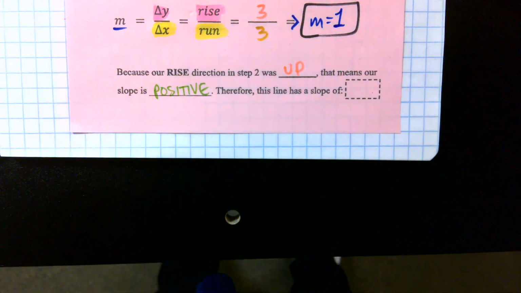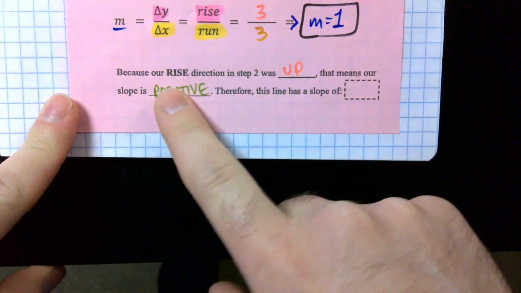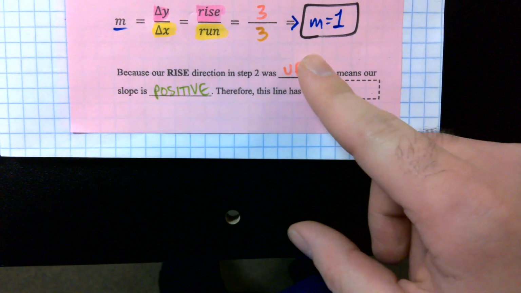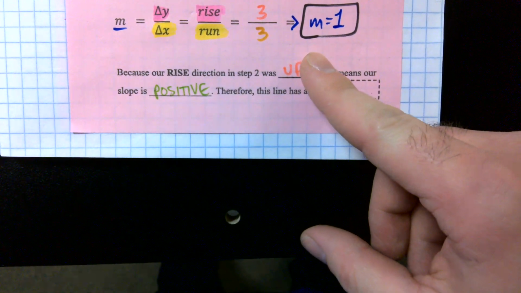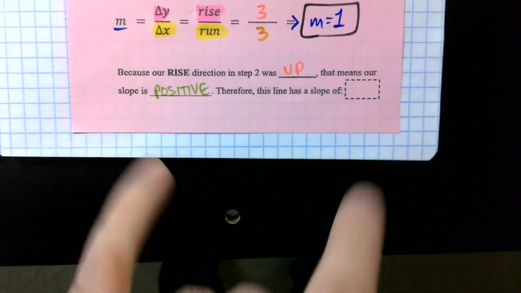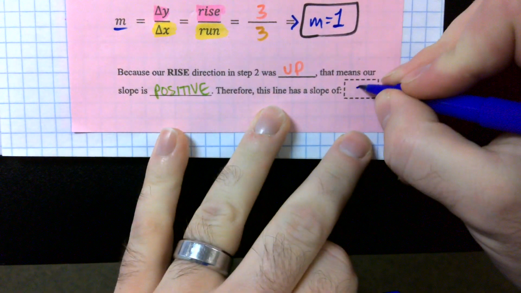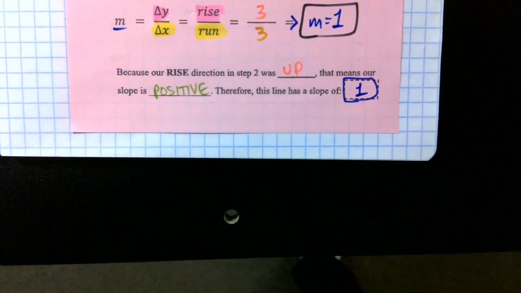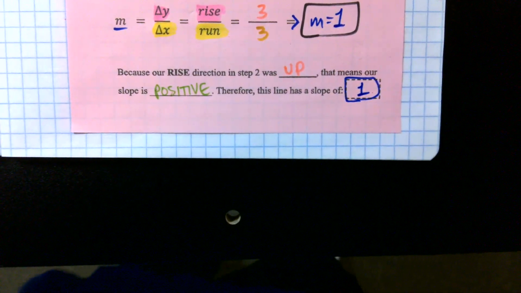If your team is up, that's a good thing. So when I think up, I should think positive things, right? If I uplift you, now you're feeling good, you're feeling better. Up is a positive thing. Therefore, this line has a slope of positive 1. Now we can have a negative slope.